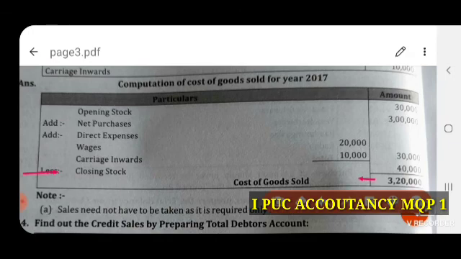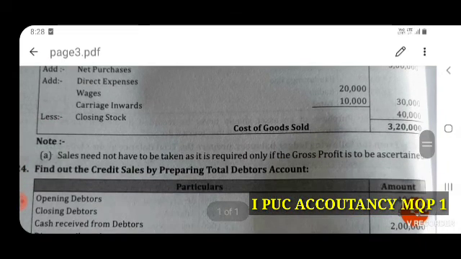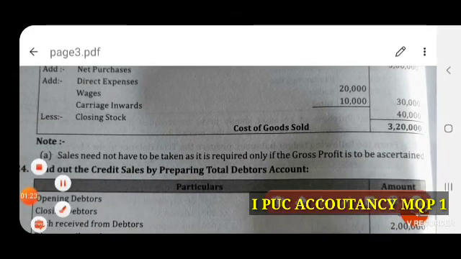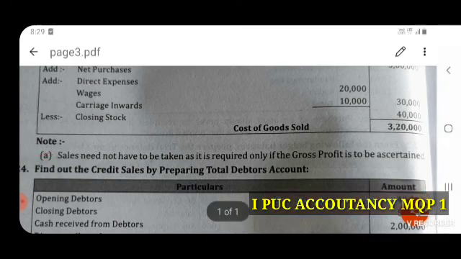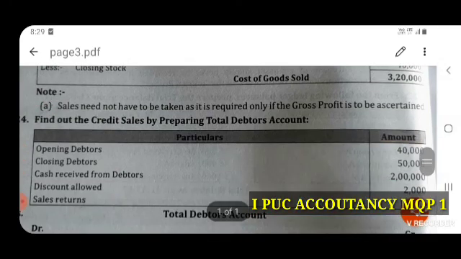Now the answer is 3,20,000 cost of goods sold. While calculating cost of goods sold, sales we have to ignore.